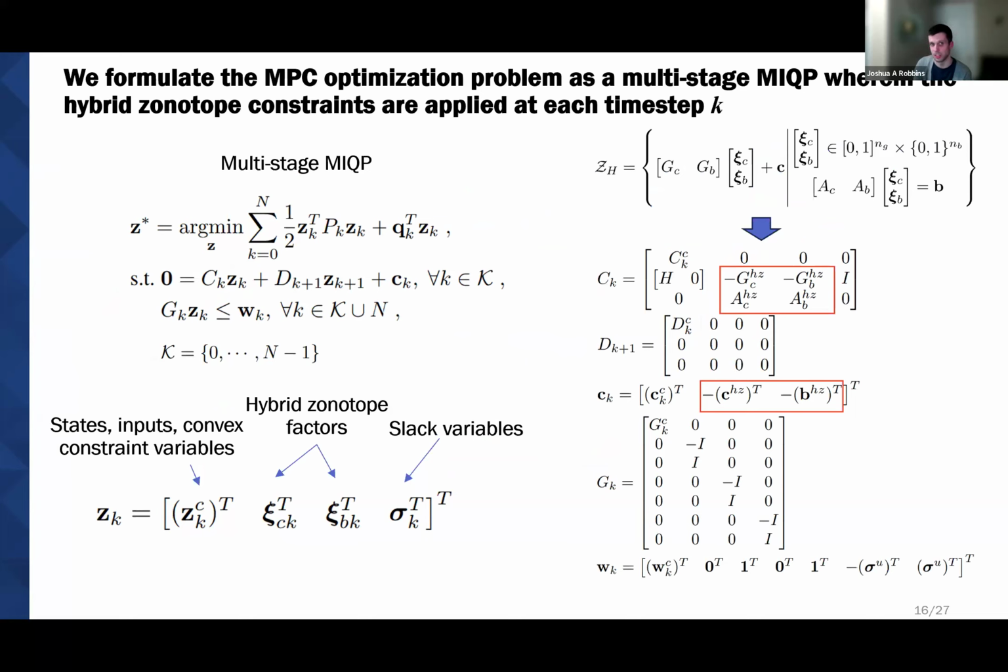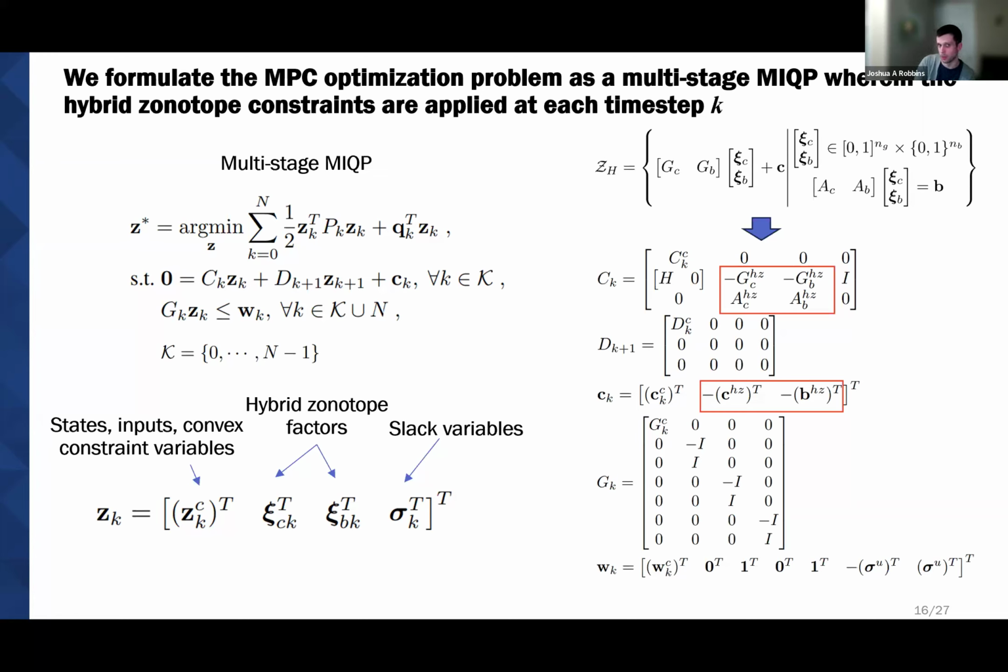So the cost and the inequality constraints are confined within a time step. Yeah, the cost and inequality constraints do not span time steps. And conversely, the equality constraints can span one time step.